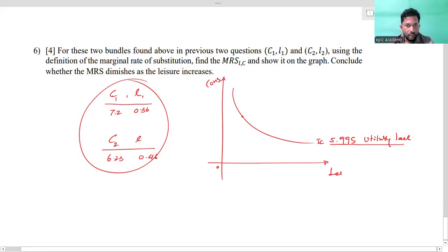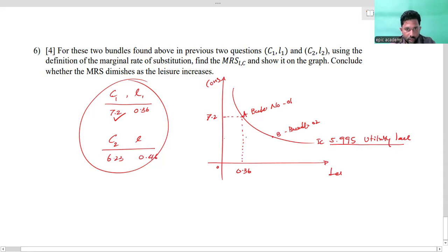And then I'm going to point out this A as bundle number 1. This V point is considered as bundle number 2. When you consume in the first position, consumption is 7.2, and L becomes 0.36.